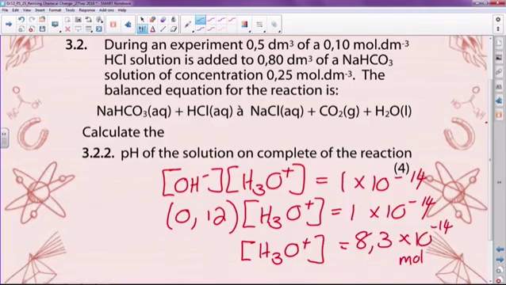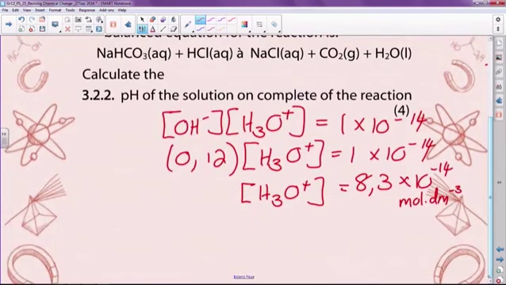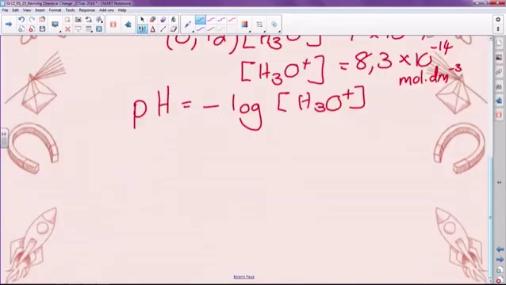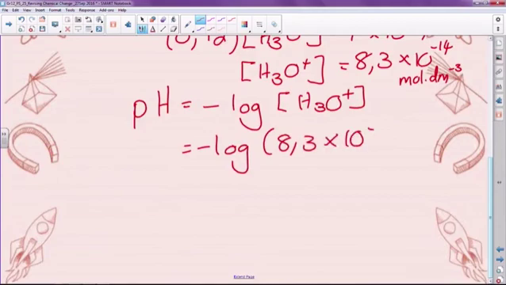And I know some of you are going, but where are you going with this, Tracy? Well, remember, to get pH, I need the negative log of the H3O plus ion. So now I go negative log and I just type this into my calculator, and I get 13.08.